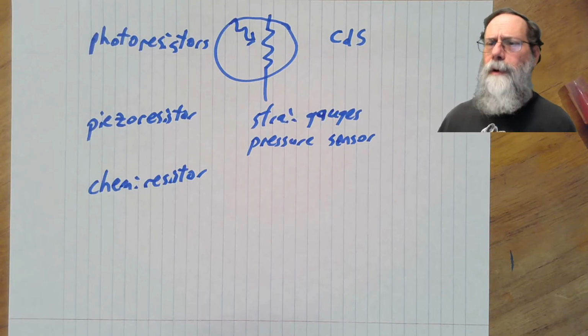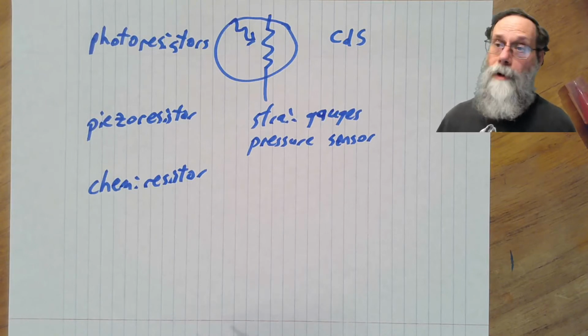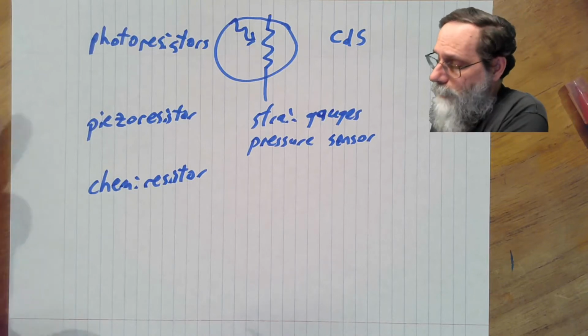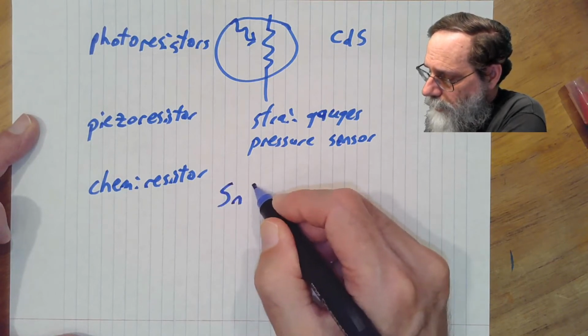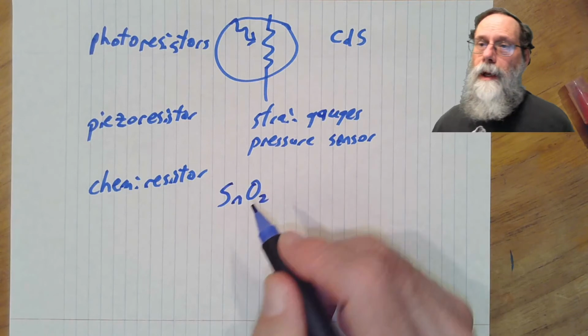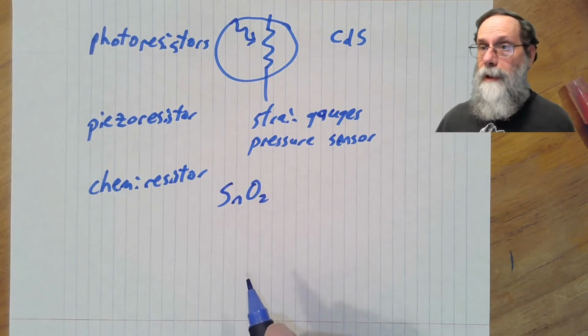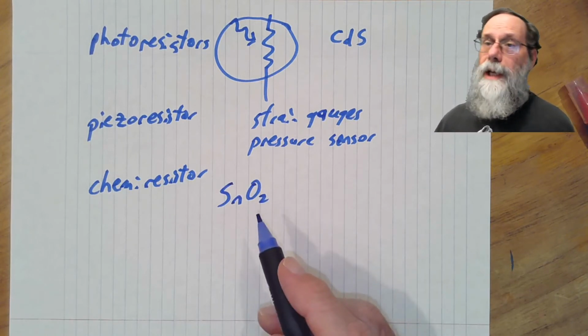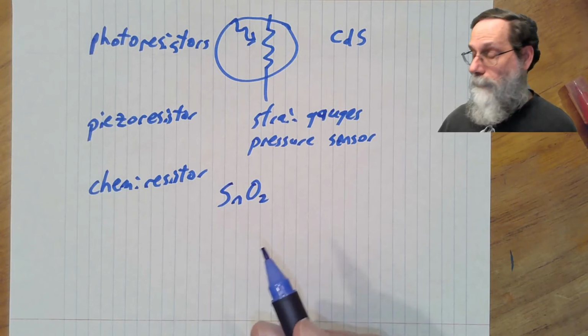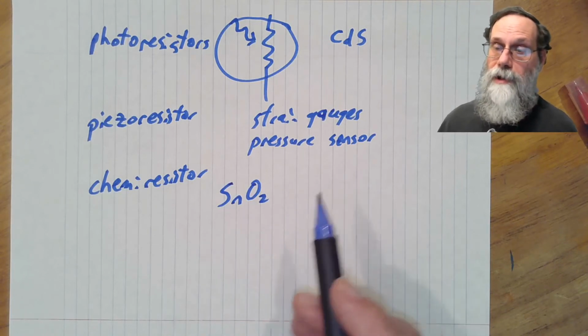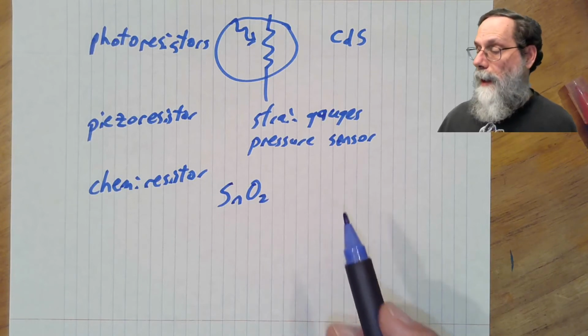So let's take a brief look at how chemiresistors like alcohol sensors work. The basic idea is that we have a semiconductor, usually tin oxide. The tin oxide is a semiconductor because there's usually a slight excess of tin, which acts as an electron donor. So you have a slight shortage of oxygen atoms. It's not pure tin oxide.